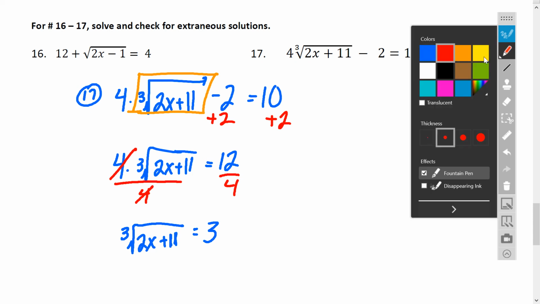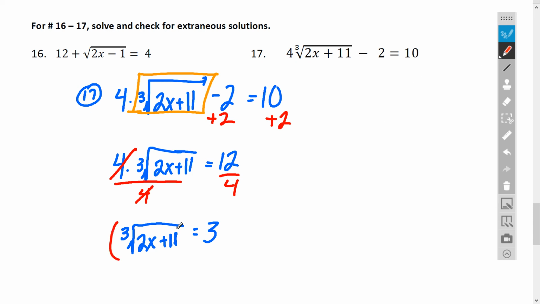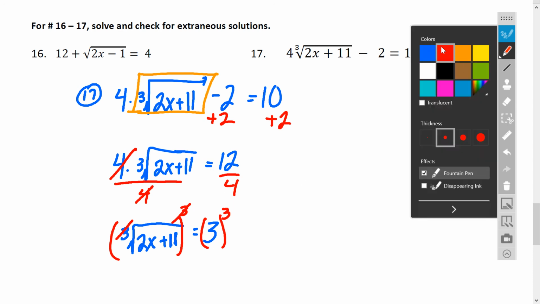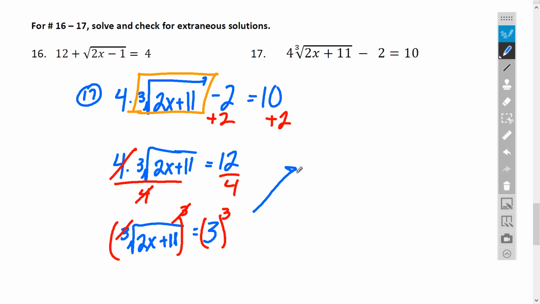Okay, now the radical's by itself, so we can move on to getting rid of the radical, which means raising both sides to the power of the index, and the index is 3. So that's going to cancel out the radical on the left-hand side. So on the left side, we have 2x plus 11, and on the right side, we have 3 to the third power, which is 27.